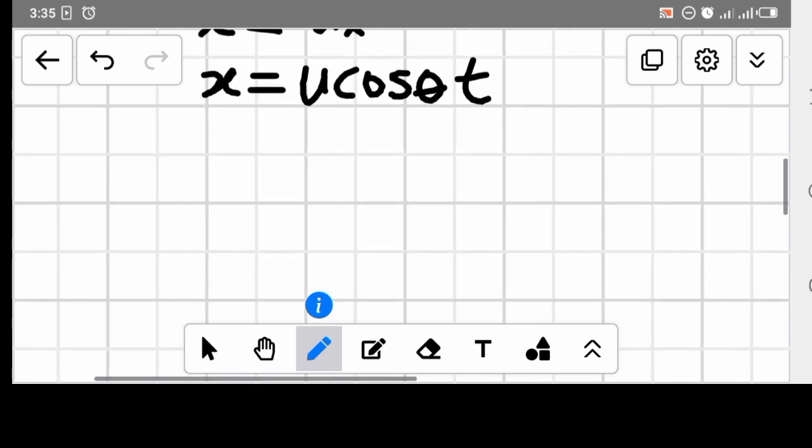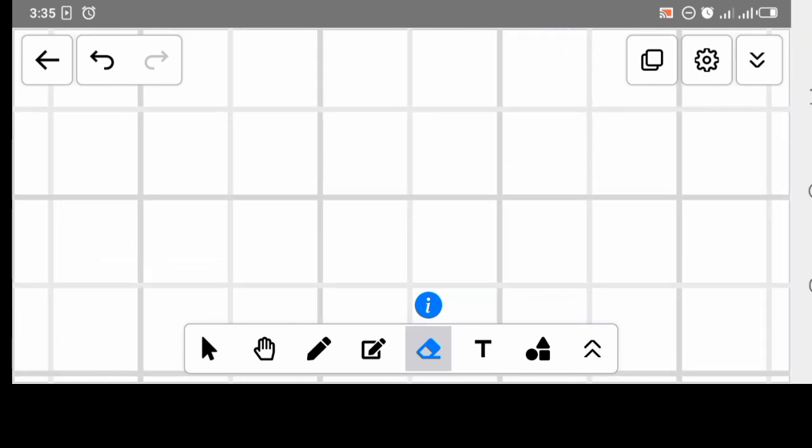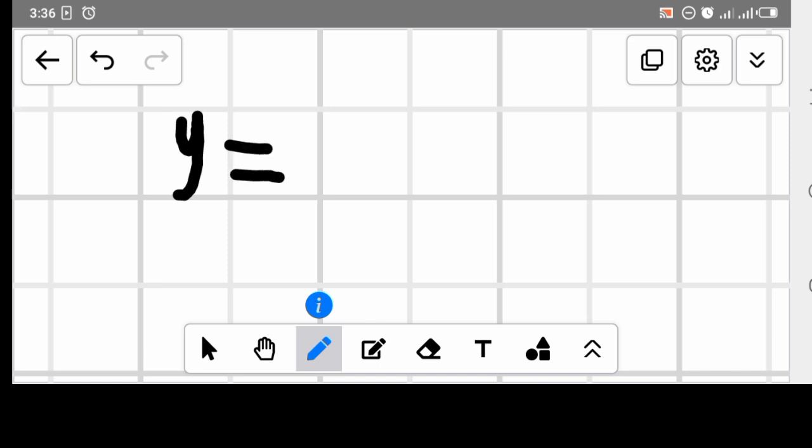So for the vertical axis, the distance moved on the vertical axis, y, we can represent using a general equation for motion under gravity.